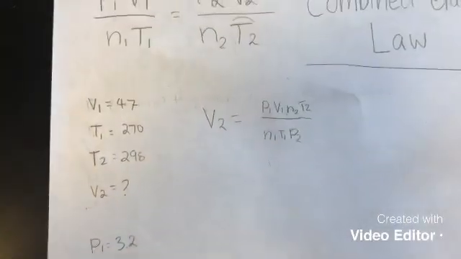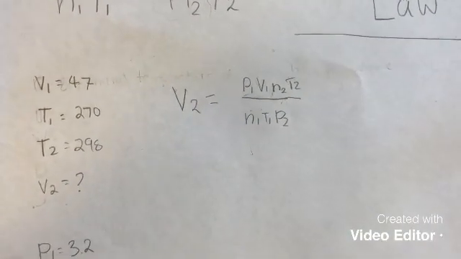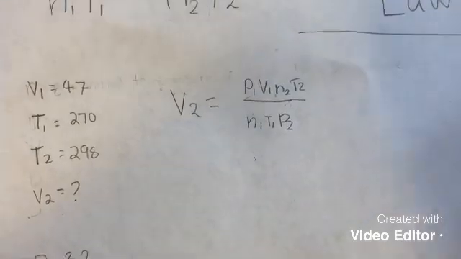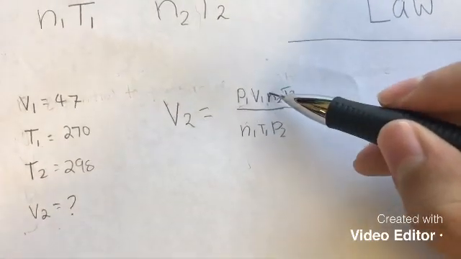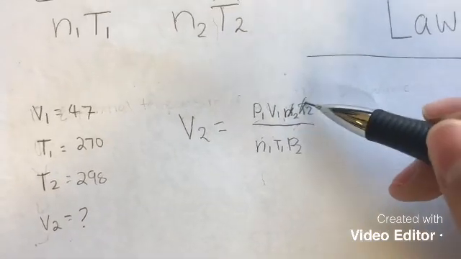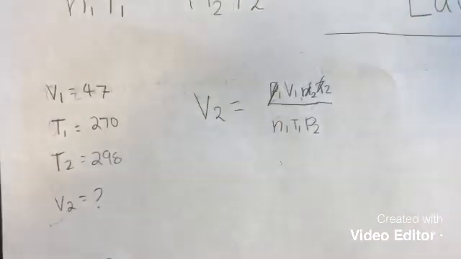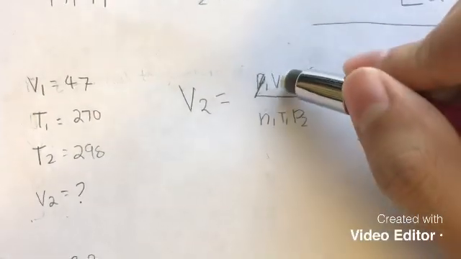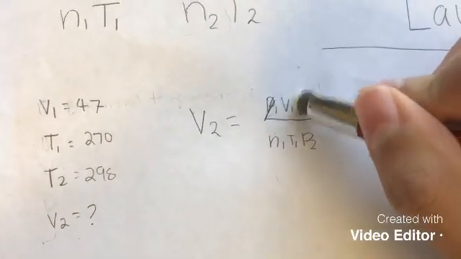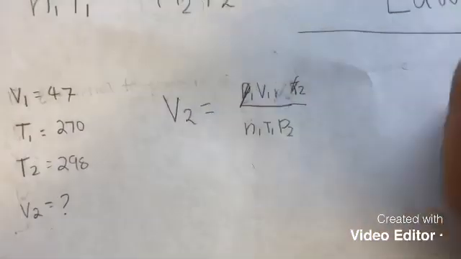So we know we have V1, T1, T2. So we don't have moles and pressure. So we can just simply cross them out. Well, we do have temperature, sorry. We don't have pressure and moles, that's what we don't have.